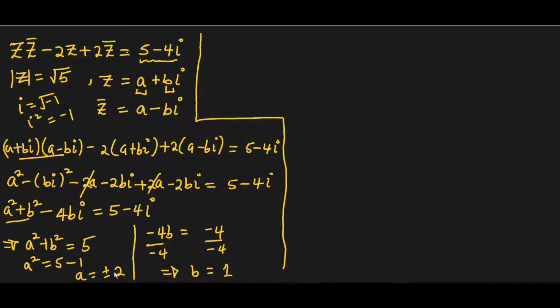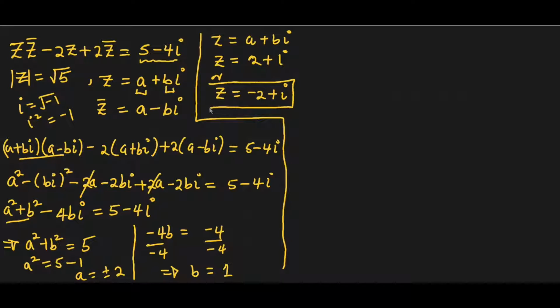So we have two possible values of a, and so our z, since it is a plus bi, can be equal to 2 plus i, or we can have z equals minus 2 plus i. So these are the two possible values of z.